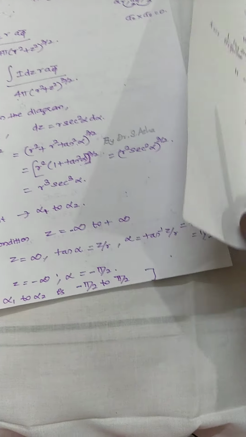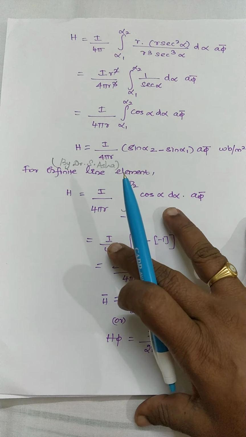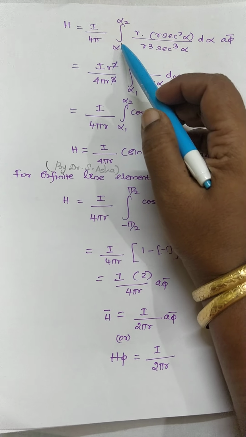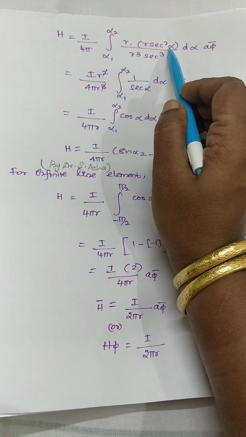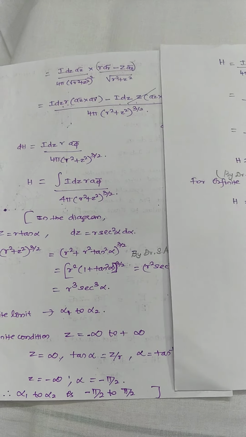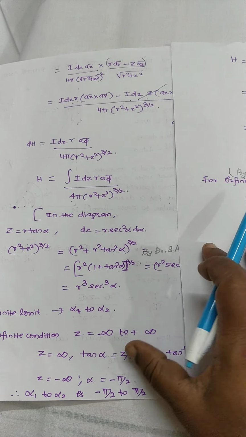From the same equation, go back to the equation H equal to I by 4 pi. Rewrite the equation. Integral for the finite element, alpha 1 to alpha 2, r into r secant square alpha. I have just substituted the conditions. Here the I dz value is r secant square alpha d alpha.